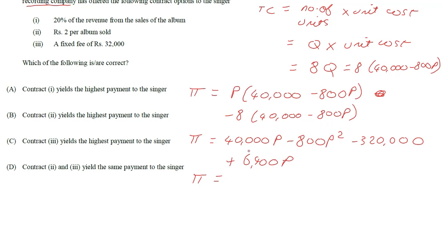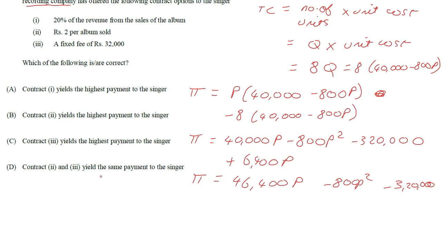So be very careful. 40,000p and 6,400p will give us 46,400p minus 800p squared minus 320,000.